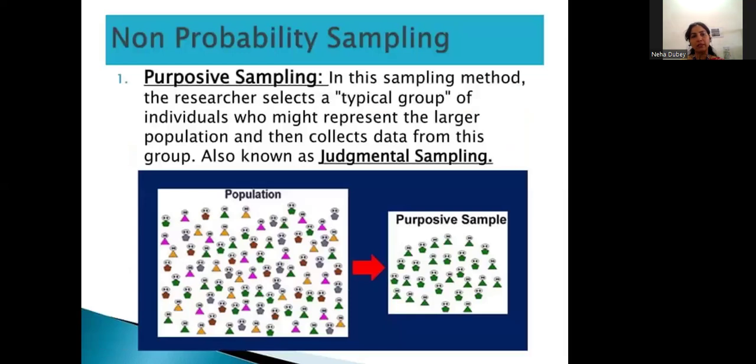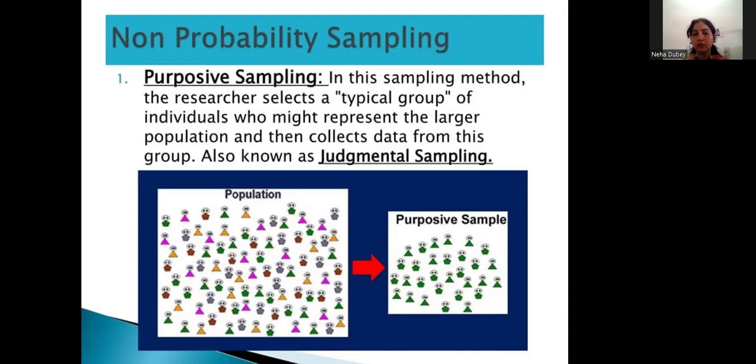So, non-probability sampling: purposive sampling. In this sampling method, the researcher selects a typical group of individuals who might represent the larger population and then collects data from this group. It is also known as judgmental sampling. Here you can see in the diagram a population wearing multi-colored dresses, and we are selecting one zone, specifically the green color.